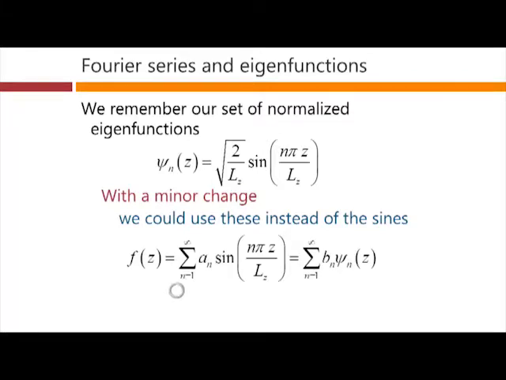That is, instead of writing our expression in this form with an times some sine waves, we can write it as bn times these eigenfunctions. All we'd have to do is replace the an here by a bn, that is the square root of lz over 2 times an. So we're saying that any function f of z between 0 and lz that hits 0 on these two ends can be written as some of these eigenfunctions multiplied by coefficients in front.